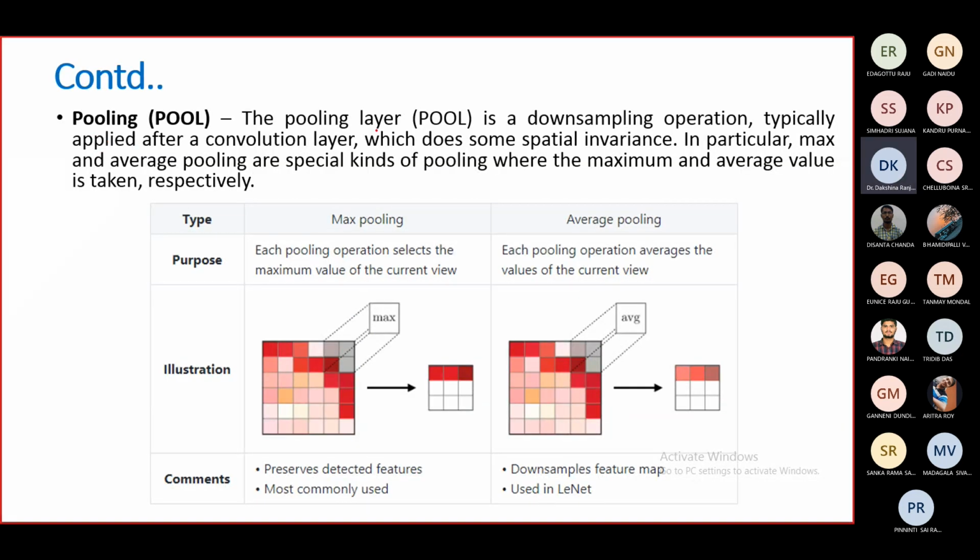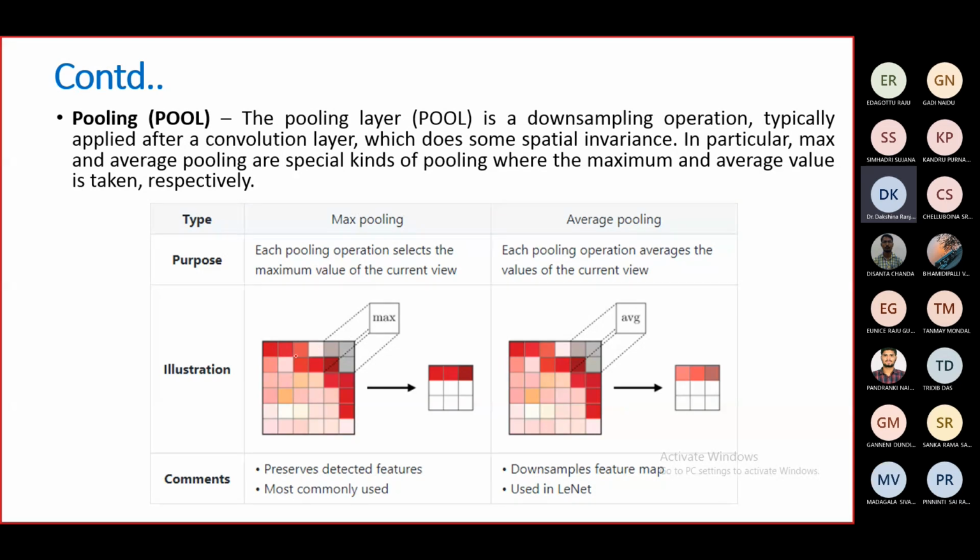Next is the pooling layer. The pooling layer is used to downsample the input feature. This input image is represented by a 6x6 dimension, which means we have a total of 36 pixel values in this image.